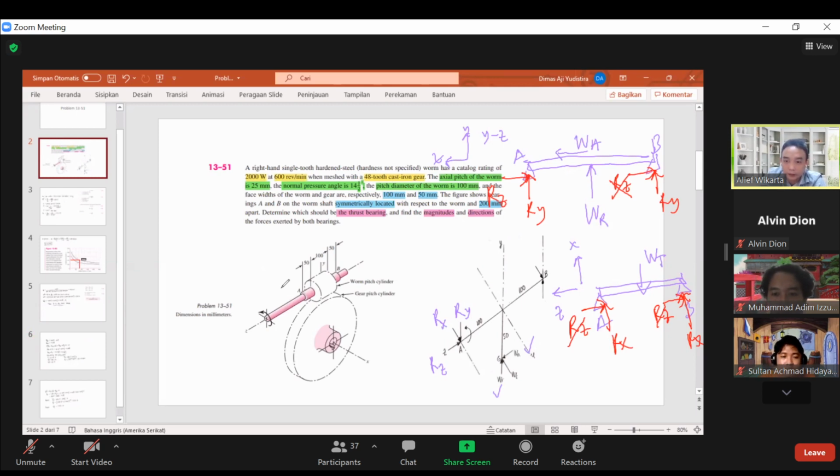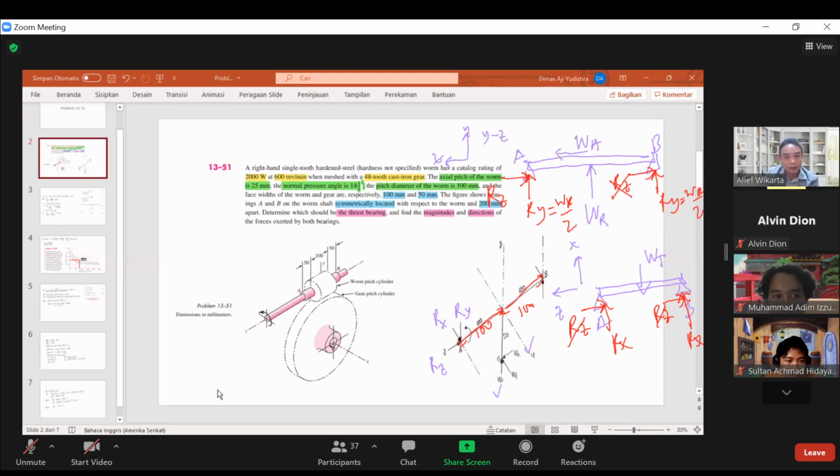Yeah. So here Ry and Ry should be half of Wr because the position of the contact is at the center, right? This is 100 to another bearing is also 100. So P, this is half of Wr. It's simple. It will be simple in my opinion.